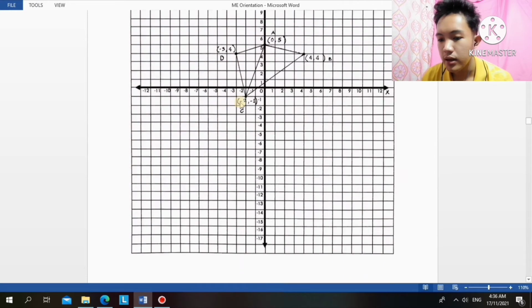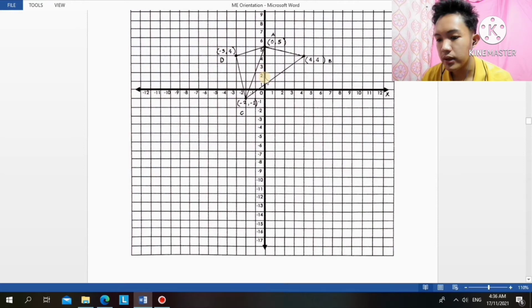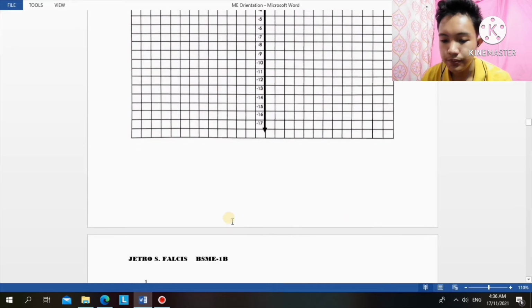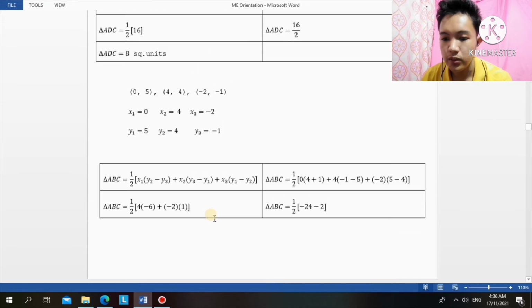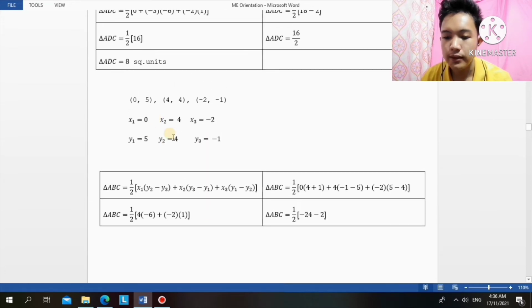Then, let's solve this. Let's solve the area of triangle ABC. So, our x sub 1 is equal to 0, x sub 2 is 4, x sub 3 is equal to negative 2, and our y sub 1 is equal to 5, y sub 2 is equal to 4, and our y sub 3 is equal to negative 1.